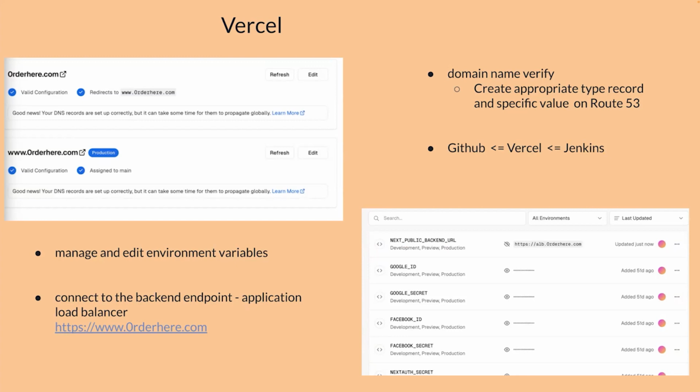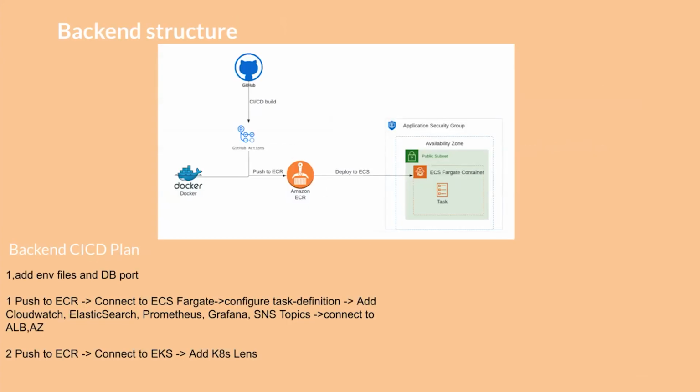We have already created a specific Vercel access token for Jenkins use. Additionally, the environment variable used to connect the front and back ends can be managed and added through Vercel. By adding the appropriate endpoint address, which is the load balancer address, in the Vercel environment variable field, the static website can connect to the backend part, which was already demonstrated by the developer. Next, I will pass to Ilya to introduce the backend structure.